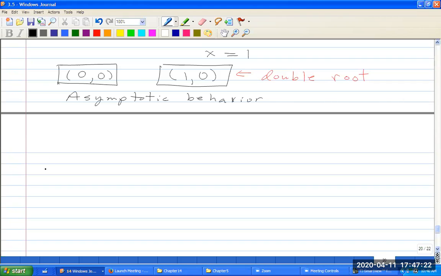So f of x, let's say, as x approaches 0, see what happens. So f of x would be asymptotic to 0 minus 2 over... So at 1, it's not going to do that much.